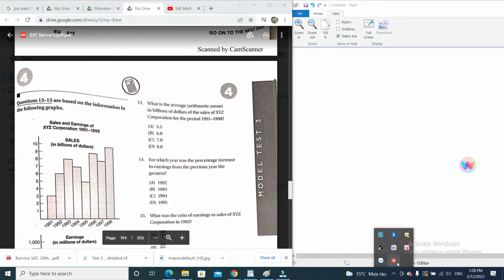So to calculate the average, we have to find the sum, and then divide the sum by the number of elements of the set that we are taking the average of.